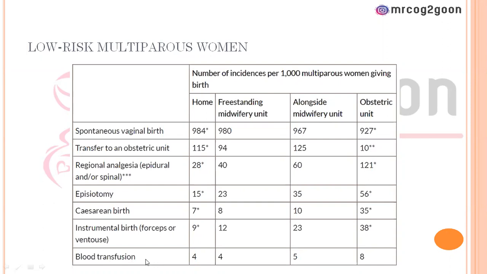So when you are at home, you will take your chances to the maximum. But in an obstetric unit, you already have other ways of delivering. So why take this risk when you can deliver more easily and more rapidly? That's why the risk with home birth is lower and higher in an obstetric unit.